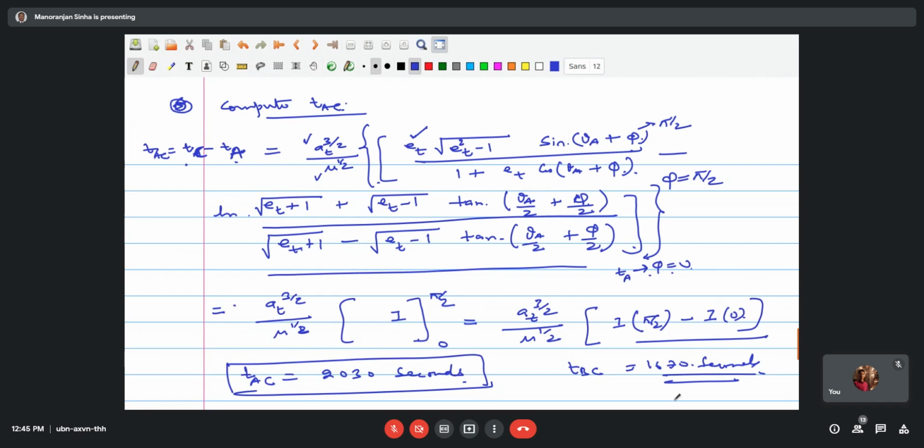So that means the satellite from B to C is reaching earlier than the satellite from A to C. So we must send it in a faster orbit. Faster orbit means it is more elliptical or more hyperbolic.